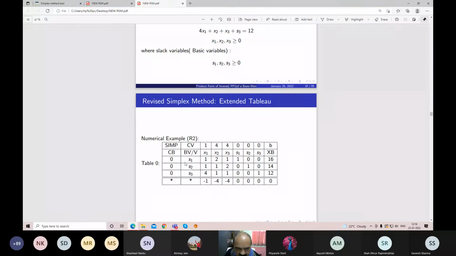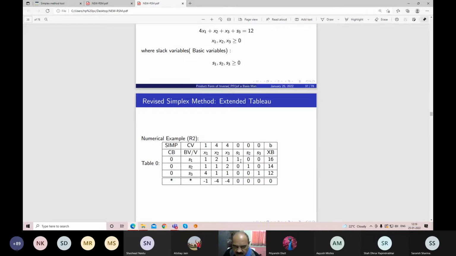There are 3 basic variables. The identity matrix has the same inverse. Initially, the basis matrix is our identity matrix.